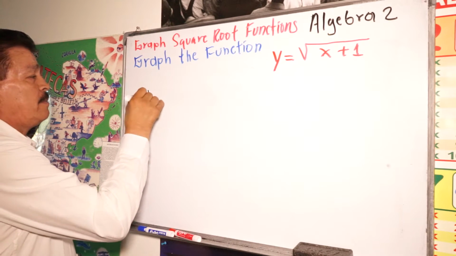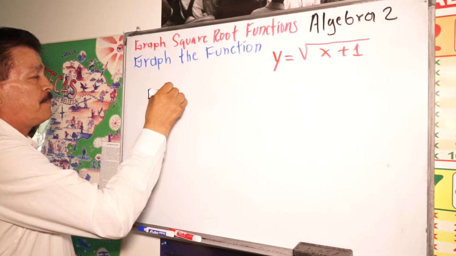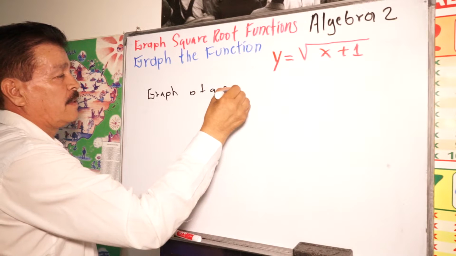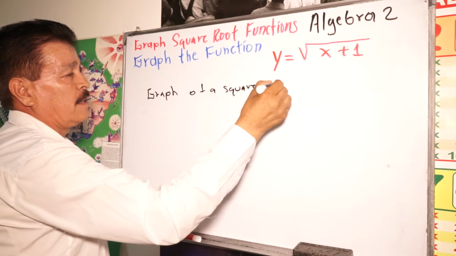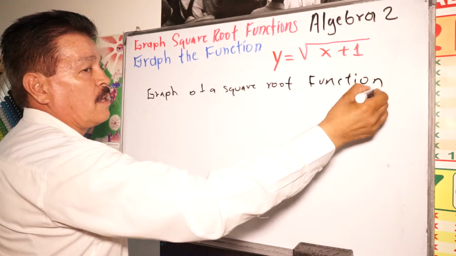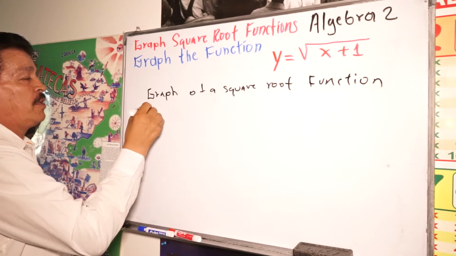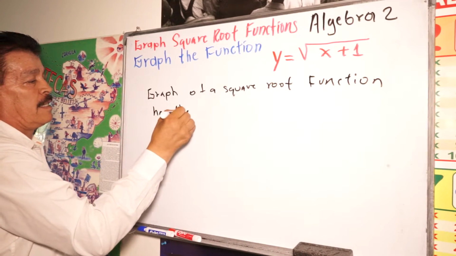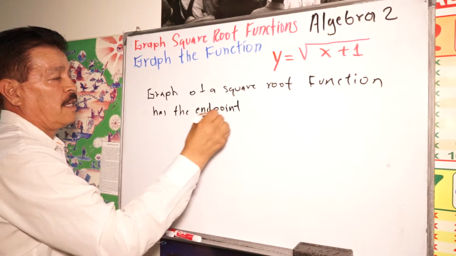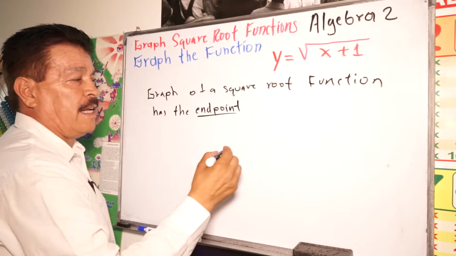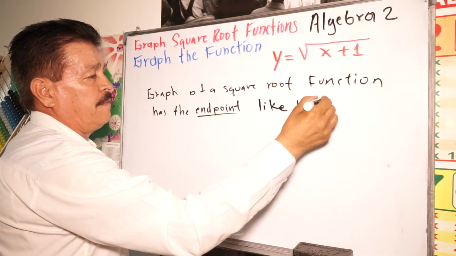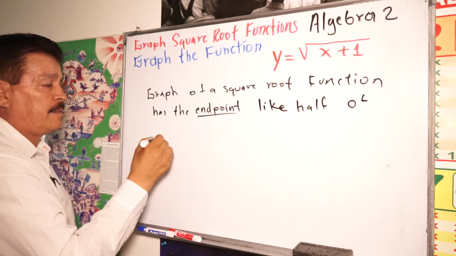For instance, the graph of a square root function has an endpoint and looks like half of a parabola.